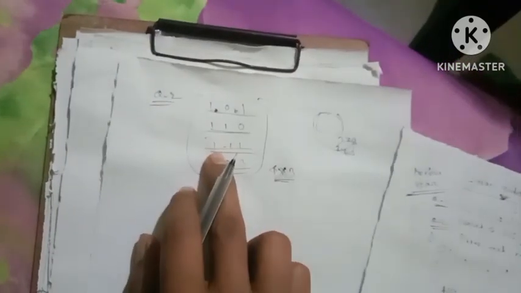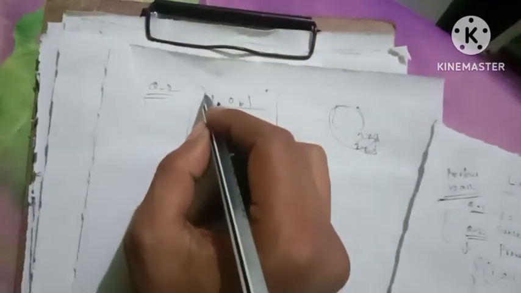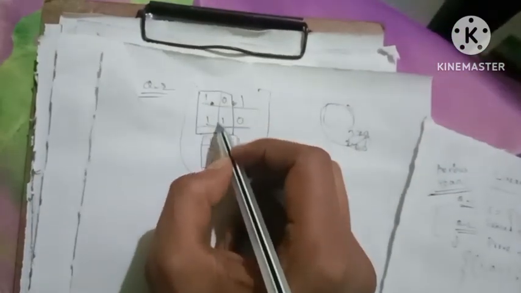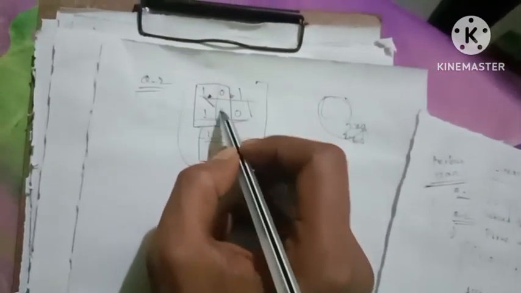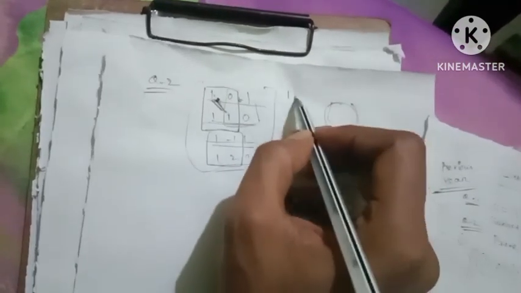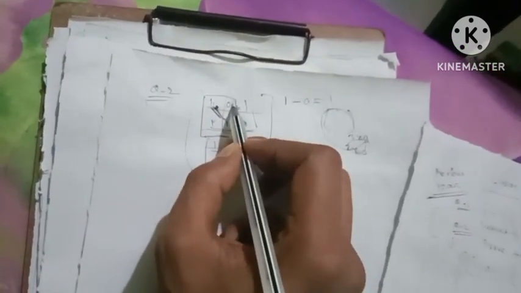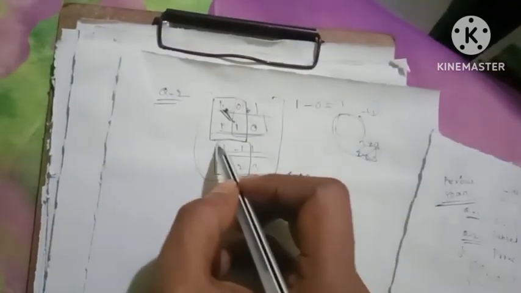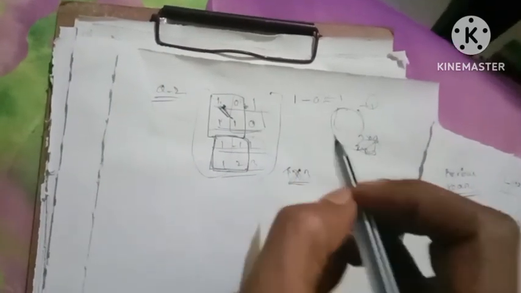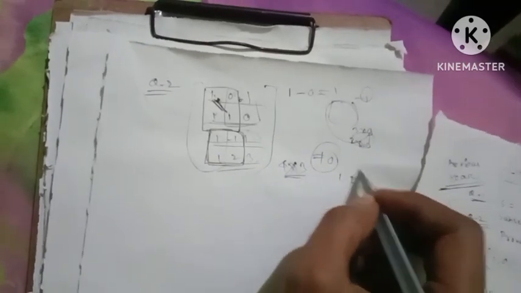Whenever it is not a square matrix, it is converted into a square matrix, and you can form many such square matrices. You can clearly see that the determinant will never be 0, because 1 into 1 is 1, 1 into 0 is 0, 0 into 0 equals 0, and minus 1 is there. When converted into a 2 cross 2 square matrix, the determinant value is never 0. When the determinant value is never 0, the vectors are linearly independent.